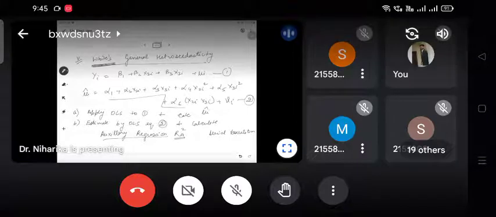So now after finding out R A square, we again apply the test and the formula is N into R A square and it is compared to chi square for 5 degrees of freedom.